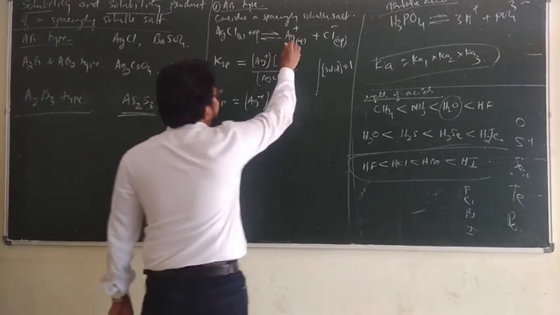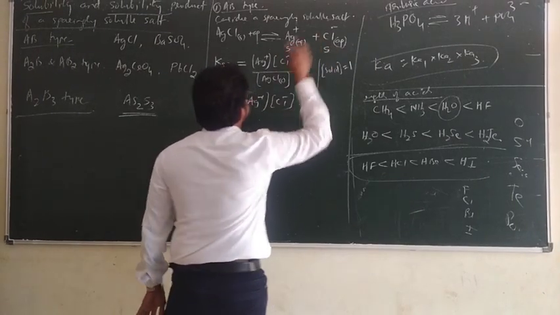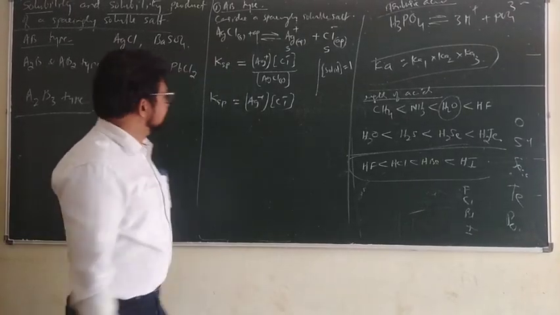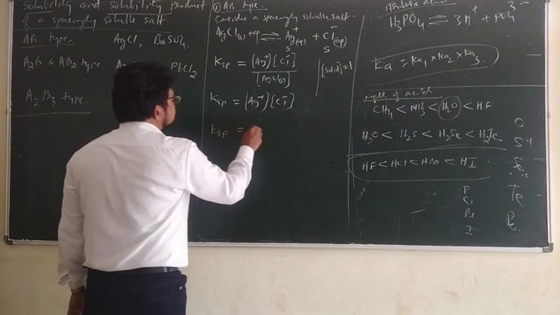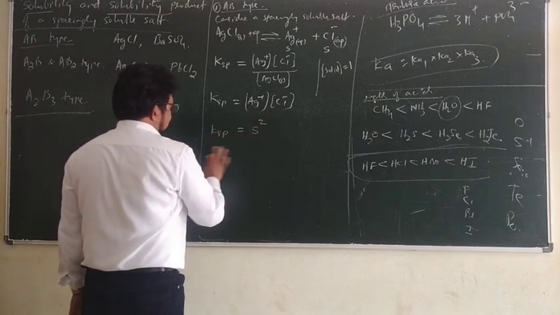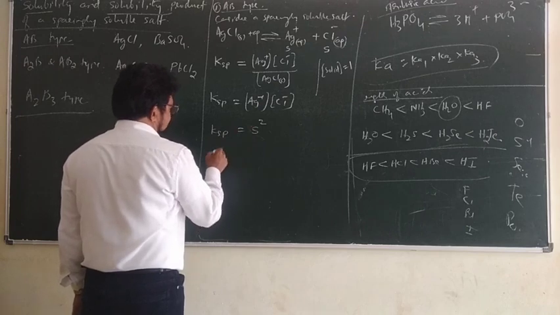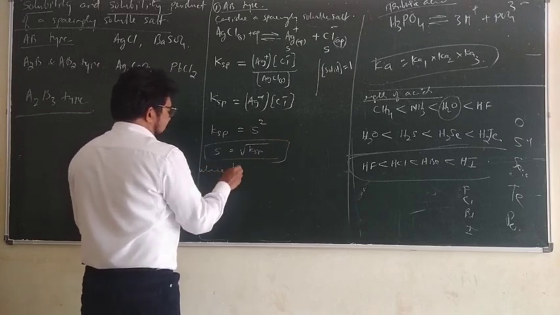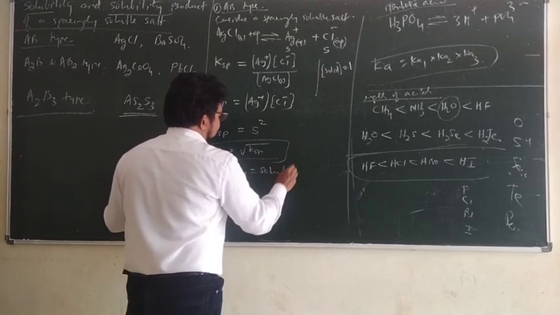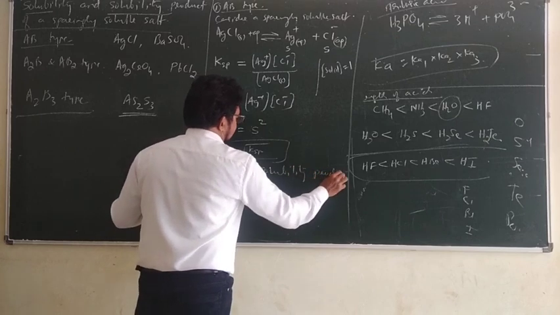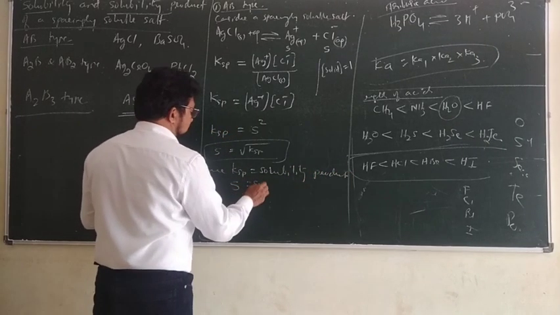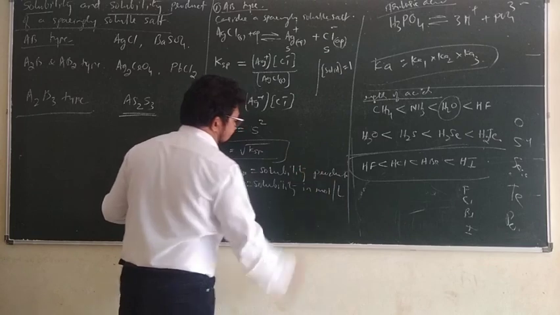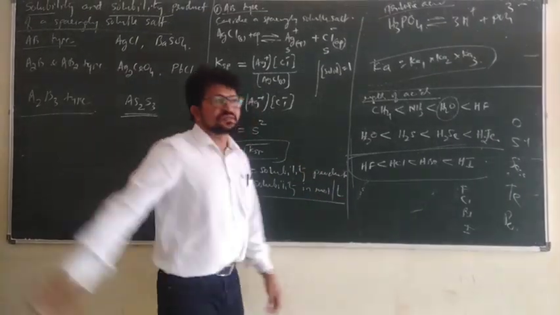If I call this Ag plus as S, where S stands for solubility, then Ksp equals S square, or S is equal to square root of Ksp, where Ksp is the solubility product and S is the solubility in mole per liter.